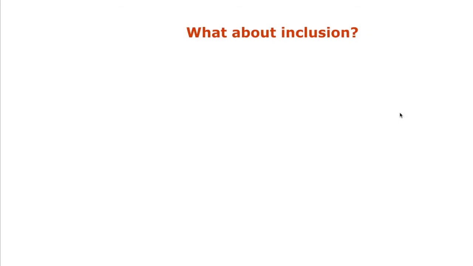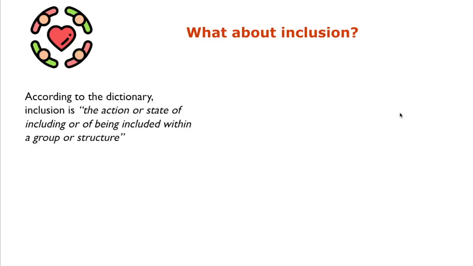What about inclusion? So a dictionary definition is that inclusion is the action or state of including or being included within a group or structure. So we will conclude here that the bug fix was inclusive if the number of lab participants' facets affected by a bug decreased from the original version to the diversity enhanced version for participants' Abby's facets and also for participants' Tim's facets.